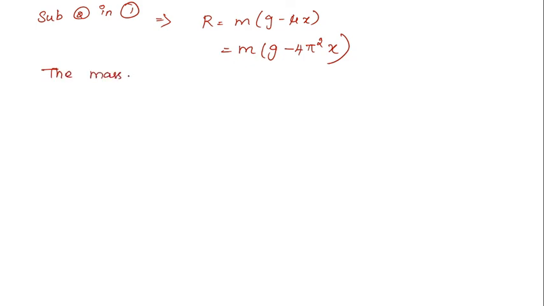This implies that capital R is equal to m times (g minus mu x), which is equal to m times (g minus 4 pi square x), since mu is 4 pi square. Since the mass is in contact with the shelf, the reaction must not be negative.